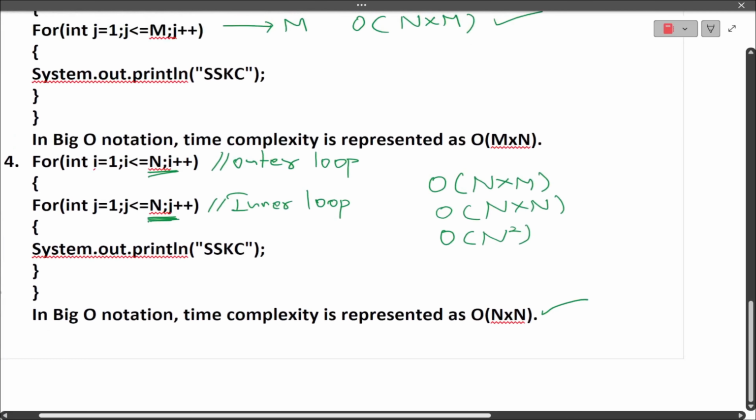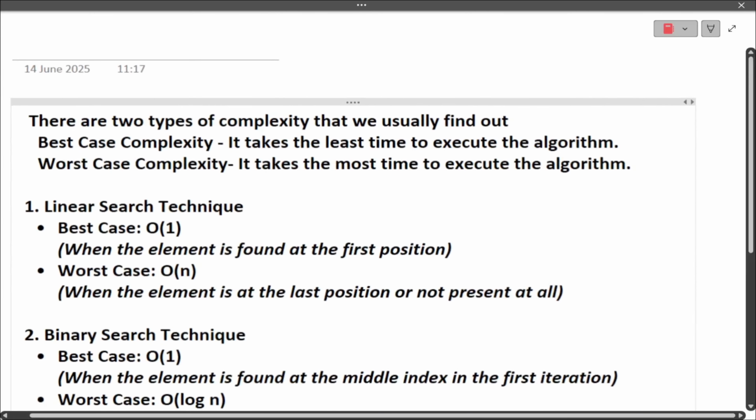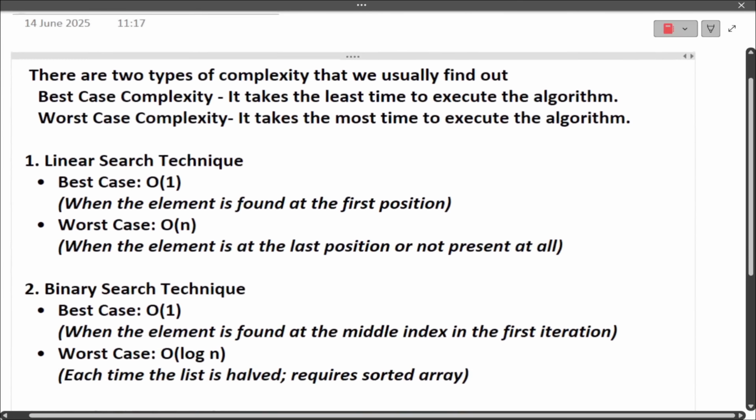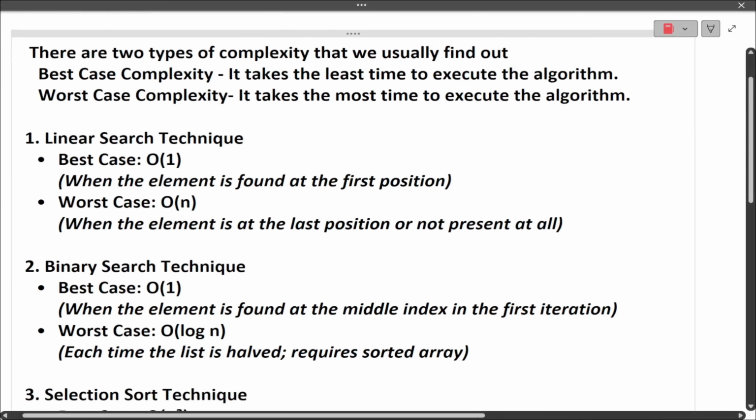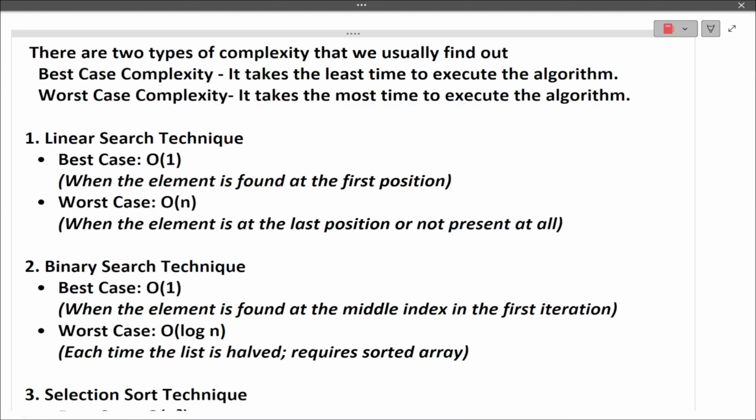Now I have some more concepts to explain. Talking about complexity, we have been finding only time complexity. There is another term we need to discuss: how this complexity is divided.